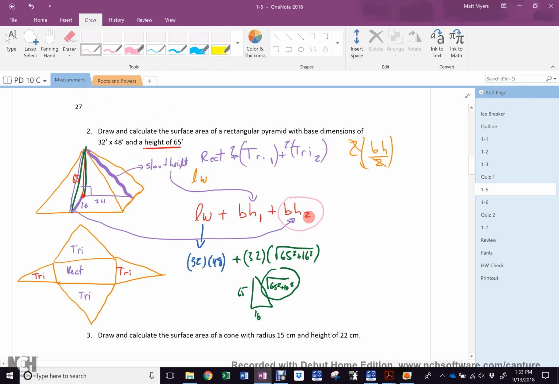We knew that this guy, which I'm going to work in pink, was still 65, but it wasn't 16 anymore, it was 24. So this becomes the square root of 65 squared plus 24 squared. Go back to my equation, and this one was 48 times the root of 65 squared plus 24 squared. And then I would add it all up. Is everybody good?